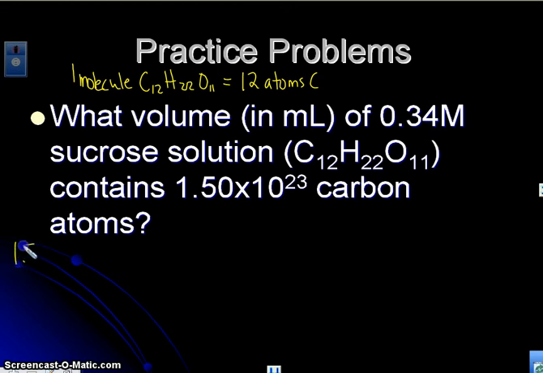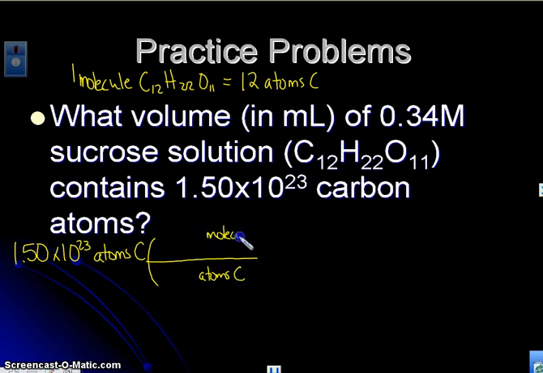So let's set that up. We've got 1.50 times 10 to the 23rd atoms of carbon. And we want to go from atoms of carbon to molecules of C12H22O11.